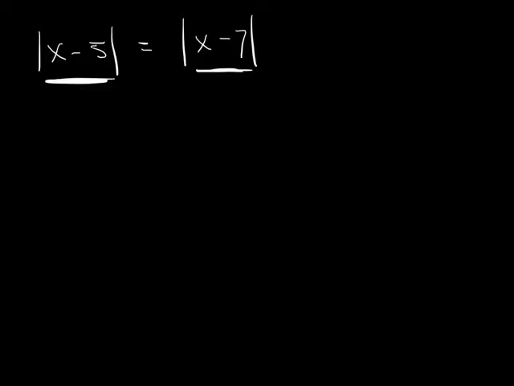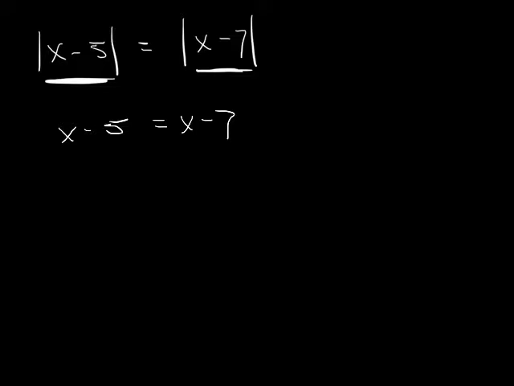Okay, so because we've said that they're equal to each other, I can actually say that x minus 5 equals x minus 7, right? Because the number within the absolute value sign has to be equal. Is that true?